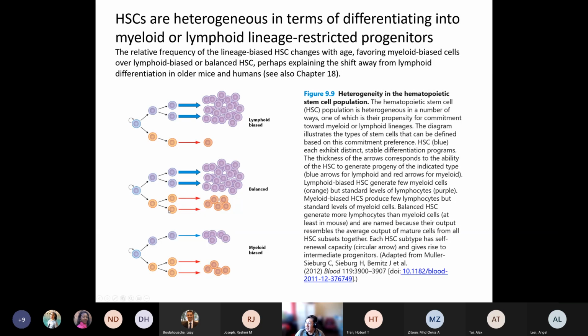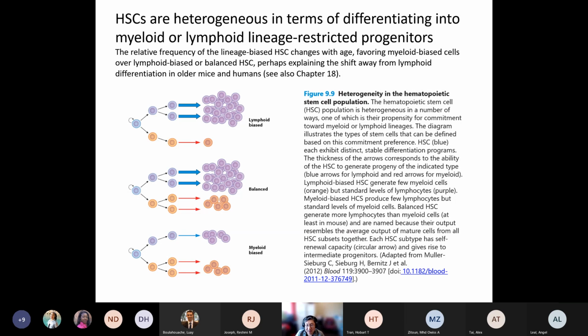So basically, hematopoietic stem cells can have a lymphoid biased population, a balanced population, and a myeloid biased population. You identify the cells using exactly the same marker, like the LSK marker, and now you put the cells into differentiation, no matter in vitro, in a culture dish, or in another animal. Some cells would like to become lymphoid cells, some other cells would like to become myeloid cells, and some are more balanced.